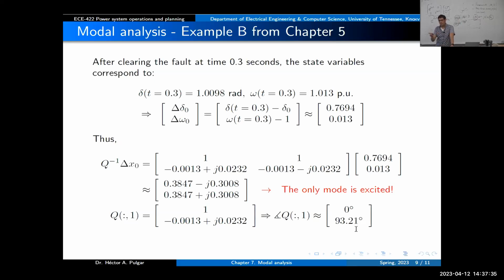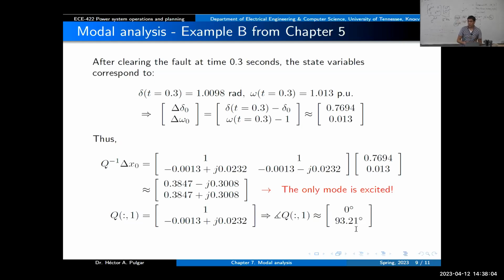How much is sine of delta? Delta. Sine of delta is equal to delta when delta is small. So the derivative of the speed is related directly to delta, right? So how do you get the speed? Basically, the integration of delta. So omega will be leading delta by 90 degrees, roughly speaking.